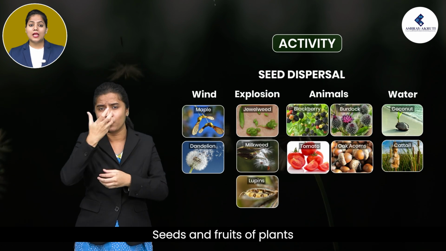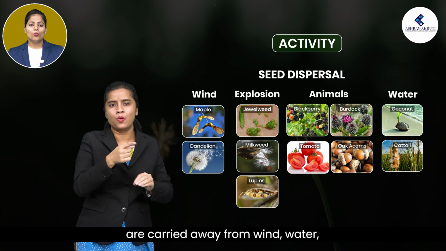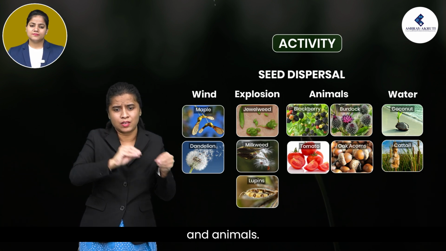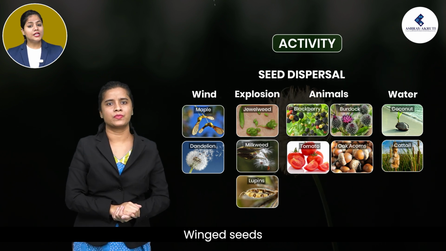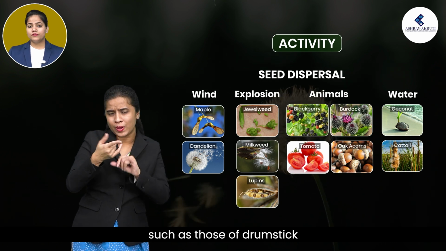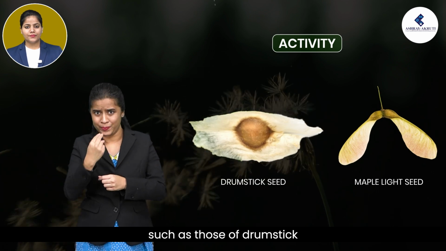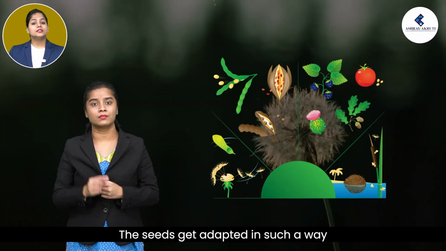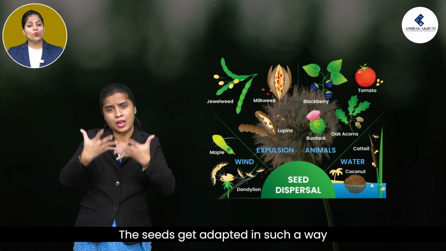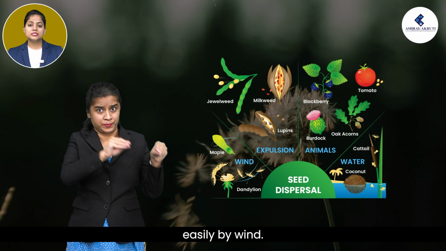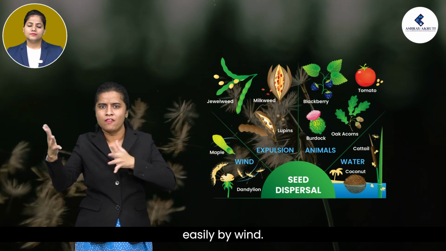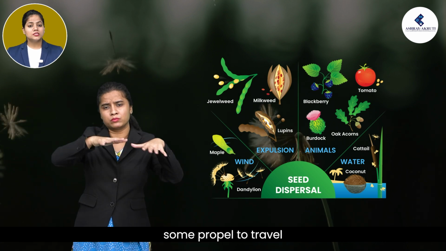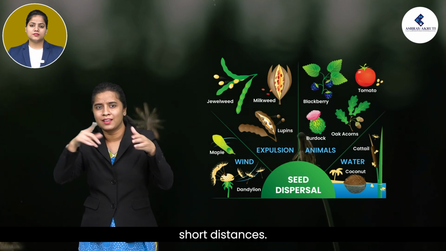Seeds and fruits of plants are carried away by wind, water, and animals. Winged seeds, such as those of drumstick and maple, are light. The seeds get adapted in such a way that they get carried away easily by wind. Some seeds float in the air, some propel to travel short distances.